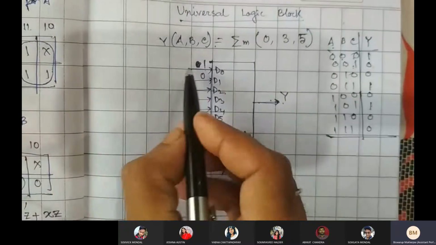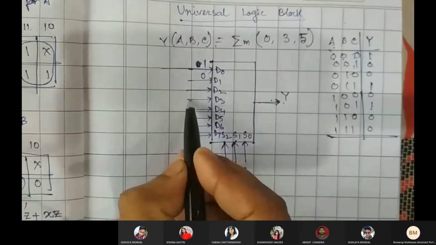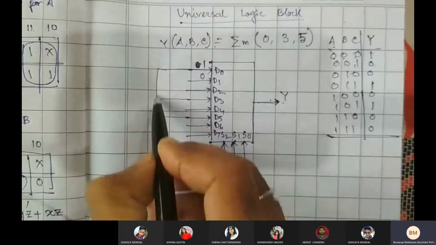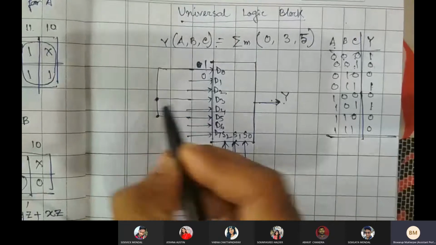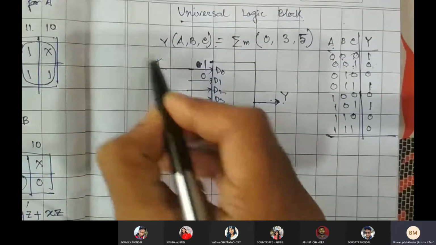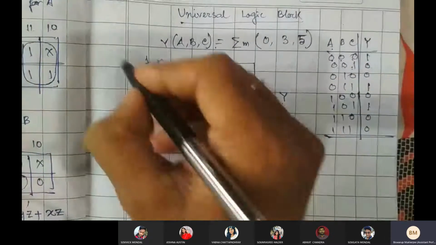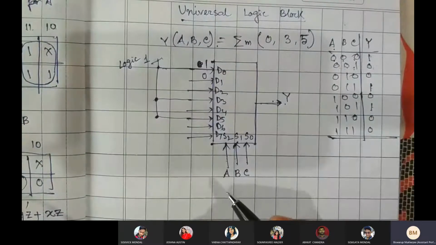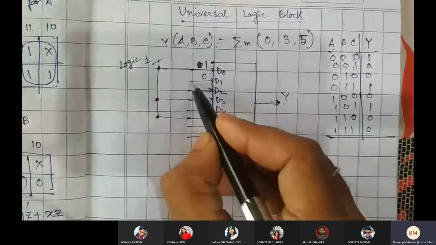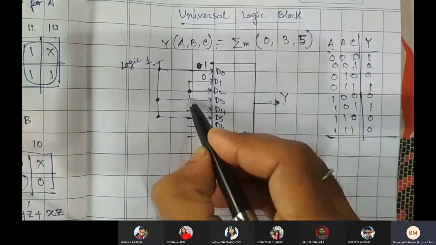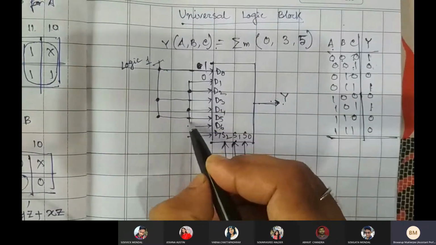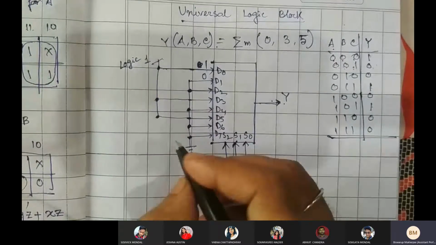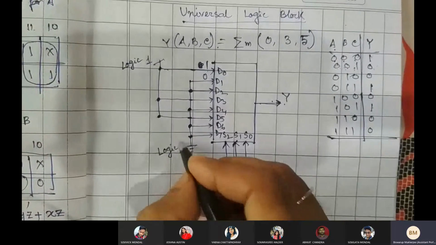So simply what we will do, 0, 3, and 5, we should connect these 3 data line inputs with logic 1. Okay. And the rest of the inputs should be connected with logic 0.